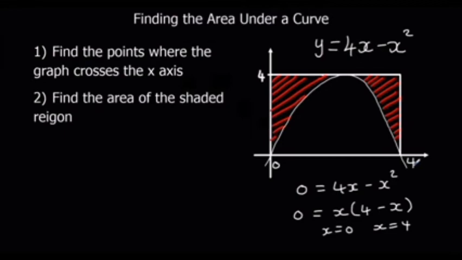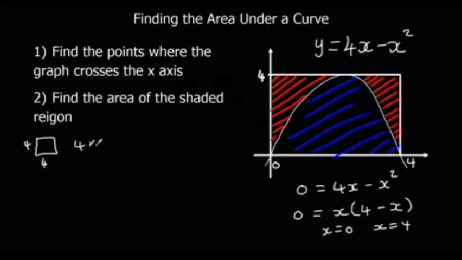So if we work out the area under the curve this time, that's going to give us this blue area here. So the shaded region is going to be this square here, take away the blue area. So the area of the square, so we've got a square which is 4 up, 4 along.